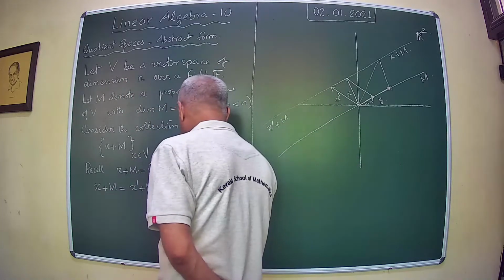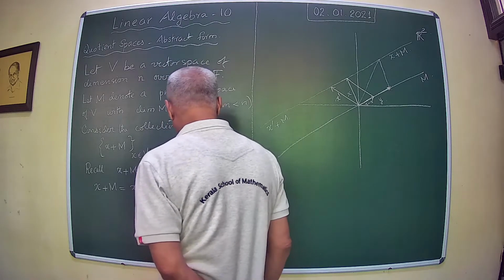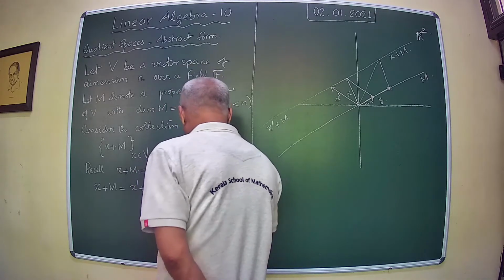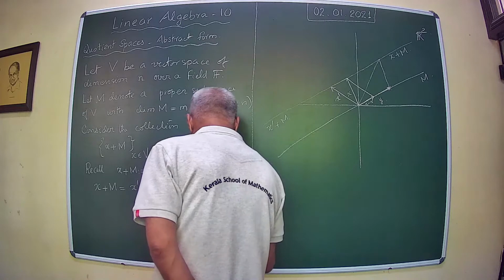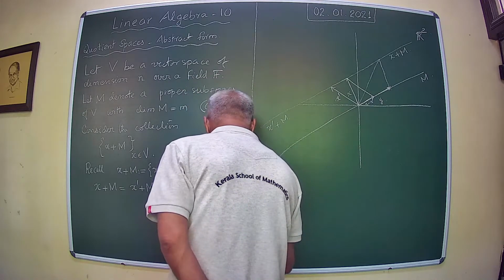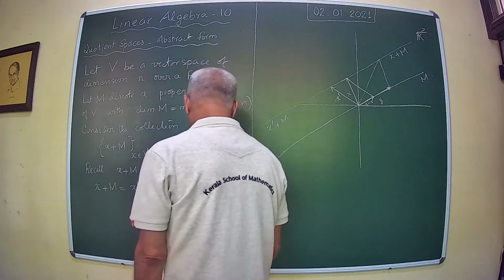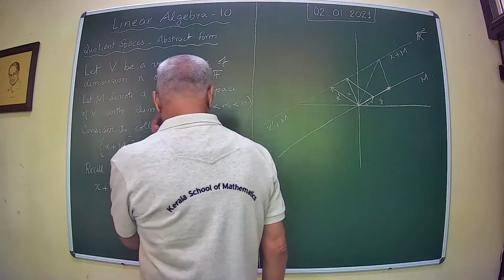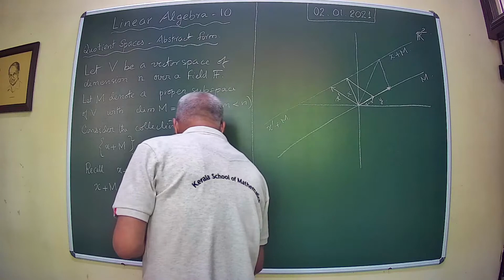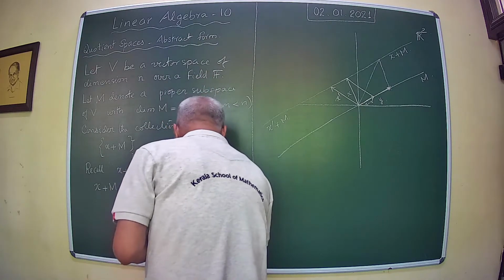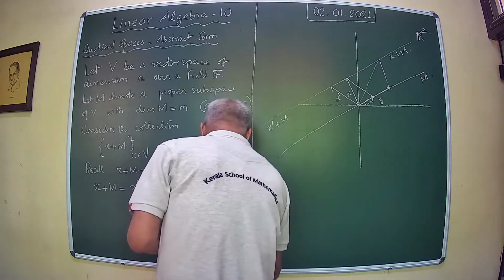It is of the form x plus y, and x minus x prime is in M means that x is equal to x prime plus some element of M. So if you substitute in this, you get x plus y equal to x prime plus y1 plus y.